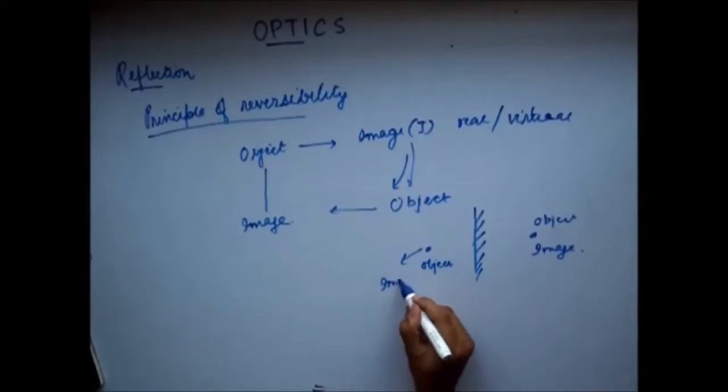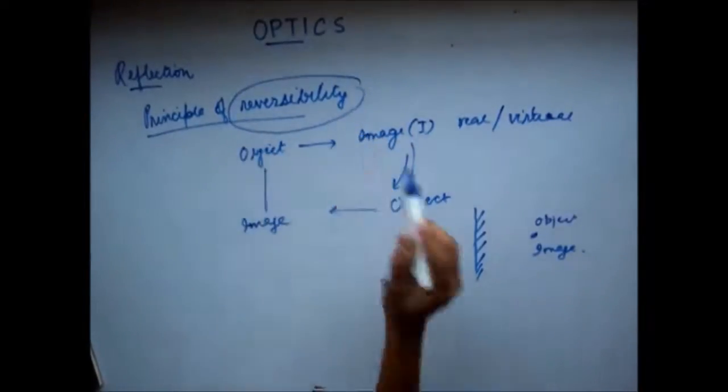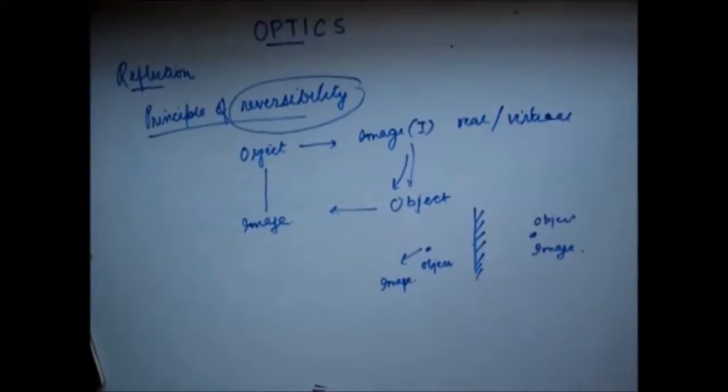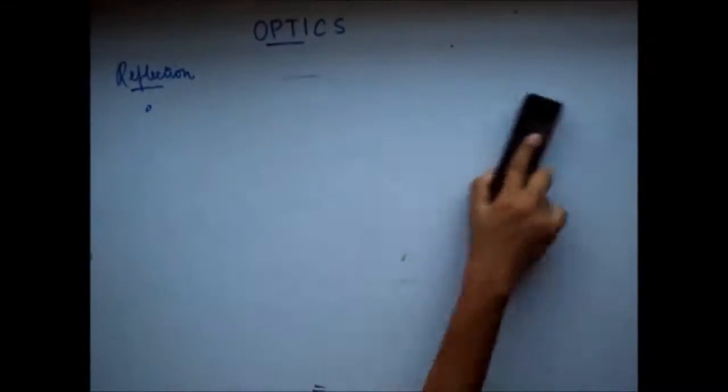This will be my image location. So that's why the word reversibility. If I reverse the position of image and object, the position of the image and object also gets reversed. Okay. Now let's study the property of reflection in case of plane mirrors.